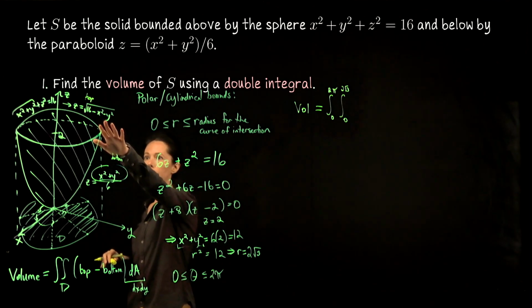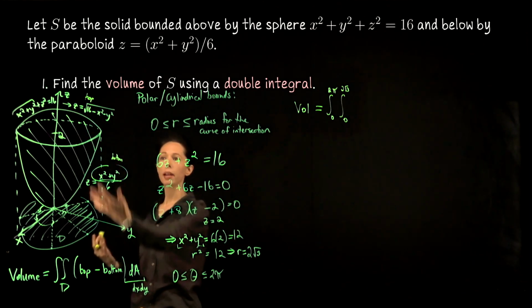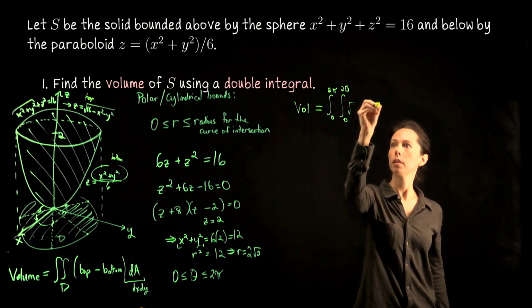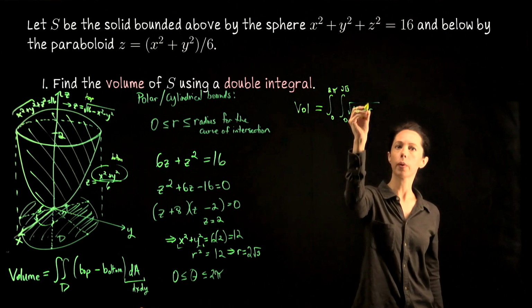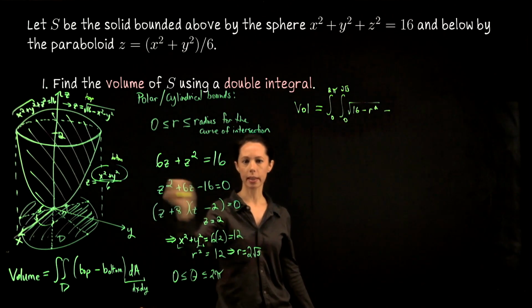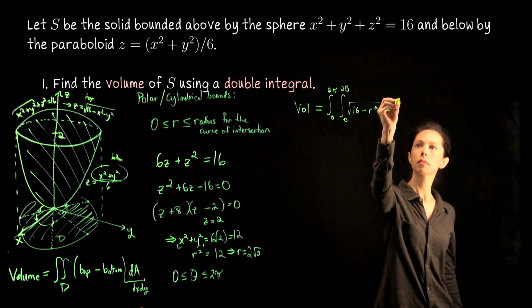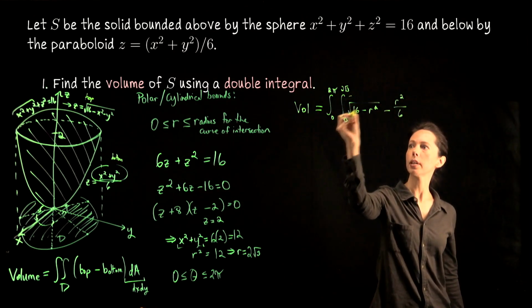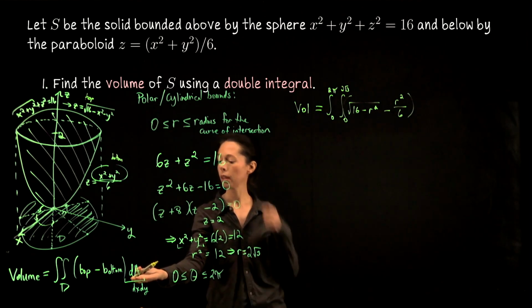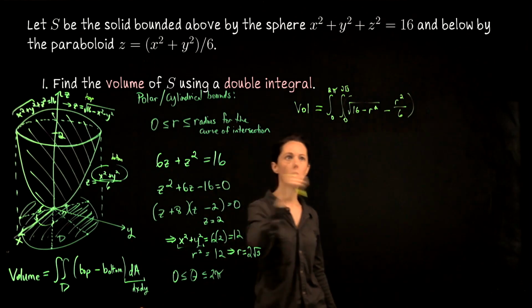In cylindrical coordinates, minus x squared minus y squared is minus r squared. So the top is the square root of 16 minus r squared. And then the bottom is going to be r squared divided by 6. Let me put this in parentheses. And then what I wrote here is dA. When I switch that to polar coordinates, it's going to be r dr d theta.